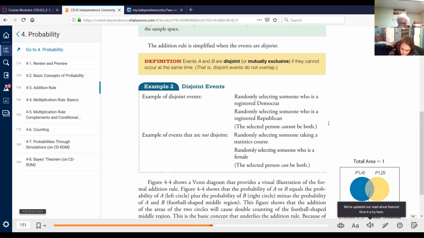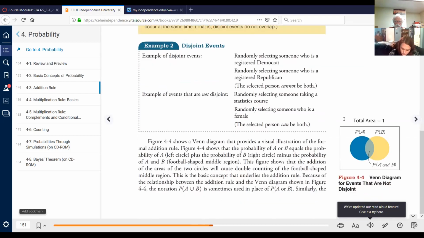And then we have things that are not disjoint, meaning they can be both of something. The example here is randomly selecting someone taking a statistics course and randomly selecting someone who is female. You're going to find a female, I've got one right here on the screen, taking a statistics course.